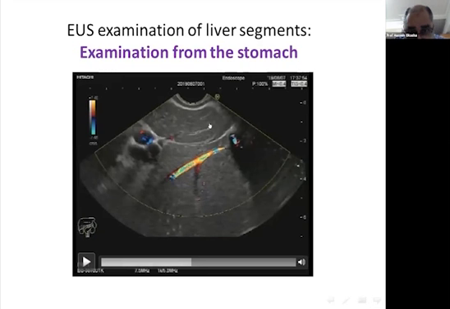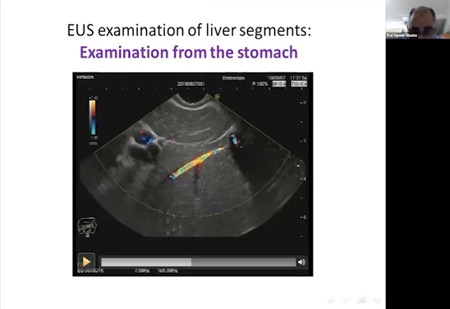Here I can see also three segments. Segment one is the same, which is the caudate lobe. This segment is between the ligamentum venosum and the middle hepatic vein, which is segment 4A. And this segment is segment 8. So this is 1, 4A, and 8.